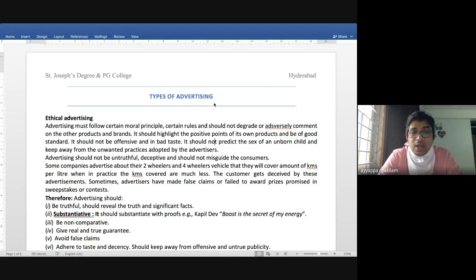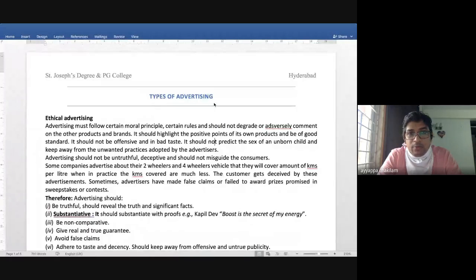In the same way, advertising should be ethical, and it should not mislead the consumers into going into or leading into a trap. Many a times we see that advertisers go and publish some untruthful things about their products.